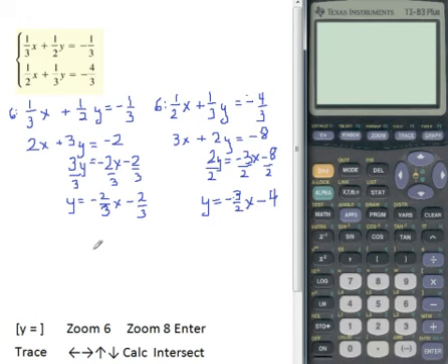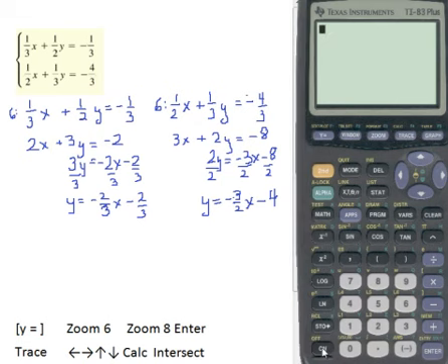All right, and so let's turn on the calculator. And go to the y equal key and clear out anything that's in there, and go to y1 and enter the first equation in the y equal form, which is y equals -2/3 x, which is the x key next to the alpha key, minus 2/3.